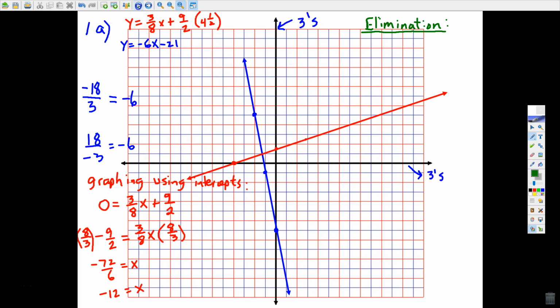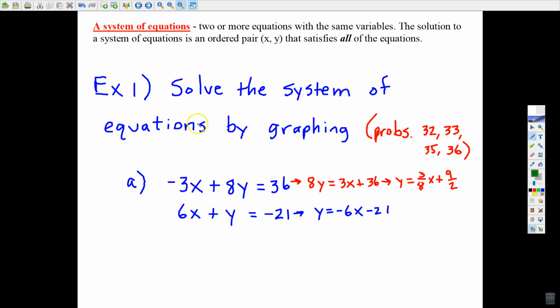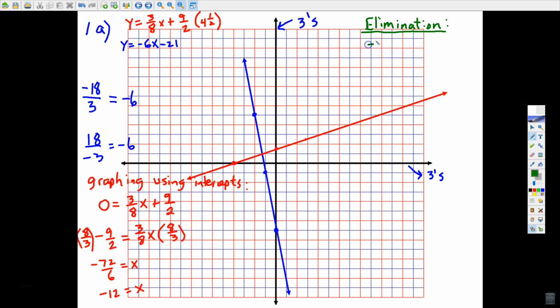Going back to my original equations: -3x plus 8y is 36, and 6x plus y is -21. Right now I'm using another method to prove my initial method, which is another good practice. You can always double check yourself by picking some other method.